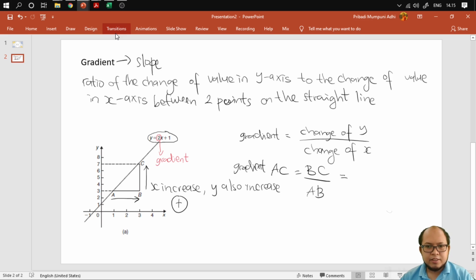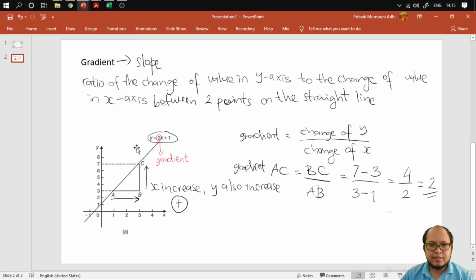In this figure, we see that the BC is 7 minus 3, and the AB is 3 minus 1. So we will have 4 over 2, equal to 2. So the 2 represents the gradient.